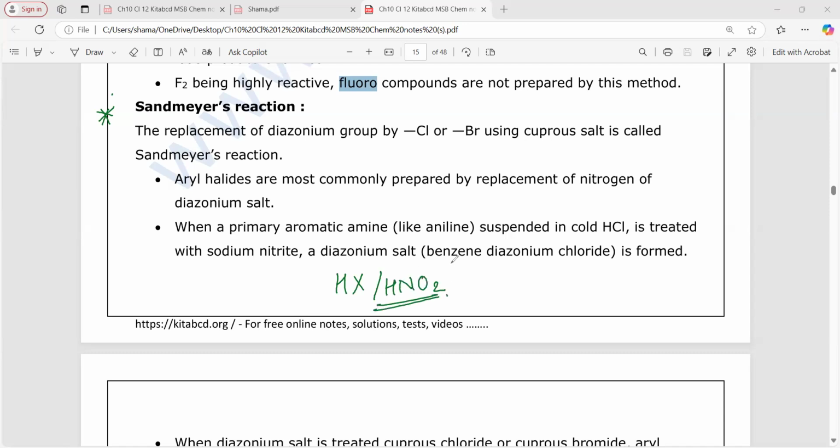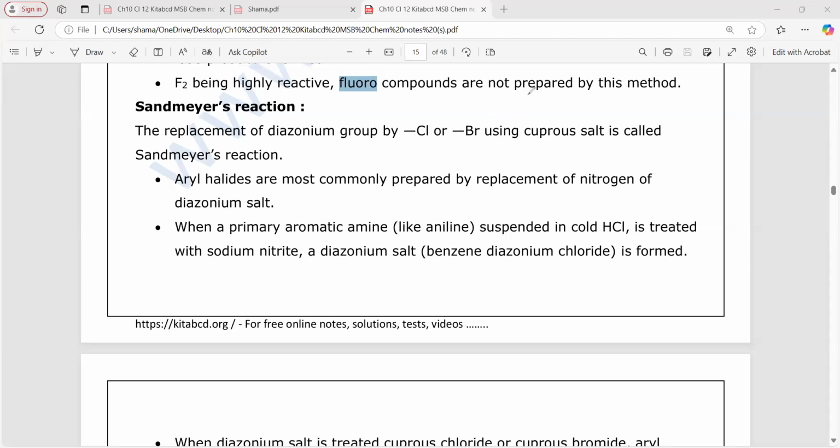You might be confused why HNO2, why not HNO3? HNO3 is nitric acid, but here you have to take nitrous acid, not nitric acid. I will let you know what exactly happens in this reaction. We will read it once, but the mechanism I will give you from my side.